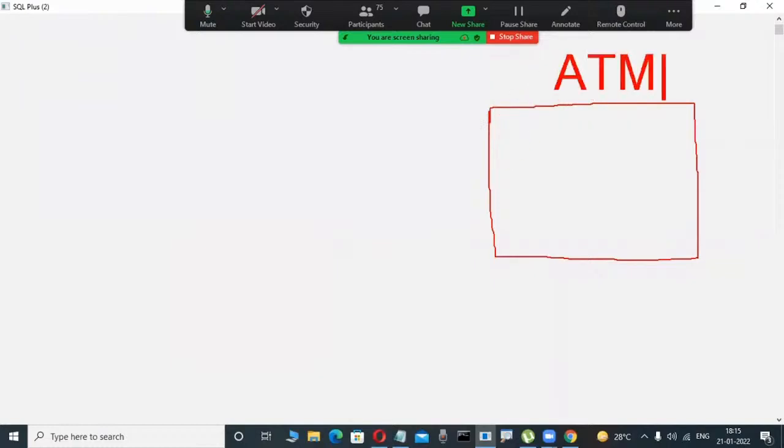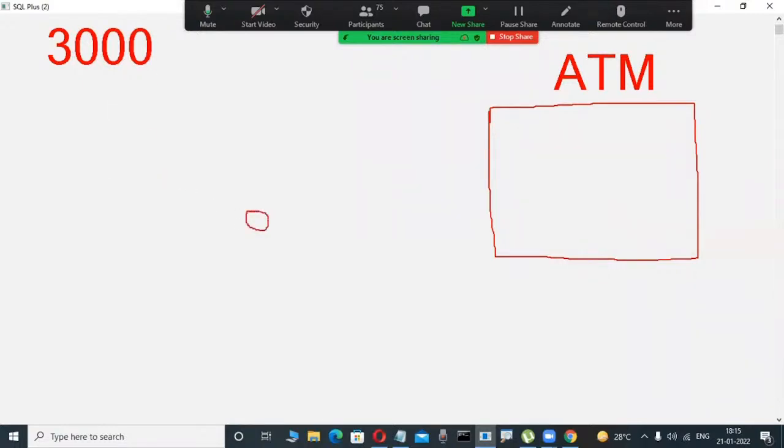Slowly observe it here. This is an ATM machine, for example. One scenario I'm telling. Now what is my balance in my account? 3000 is the balance. Today, I decided to withdraw some amount only, for example.